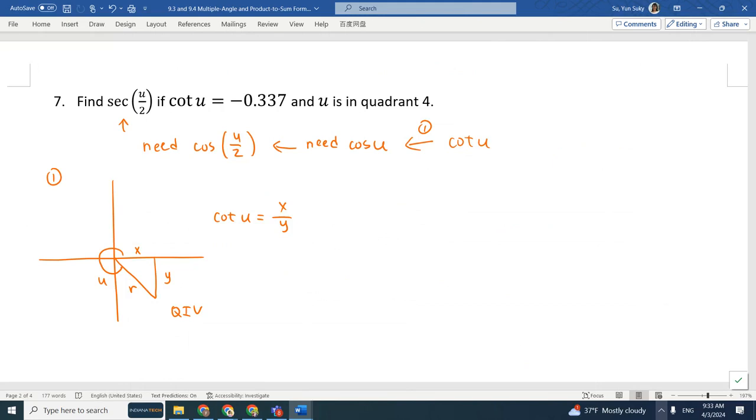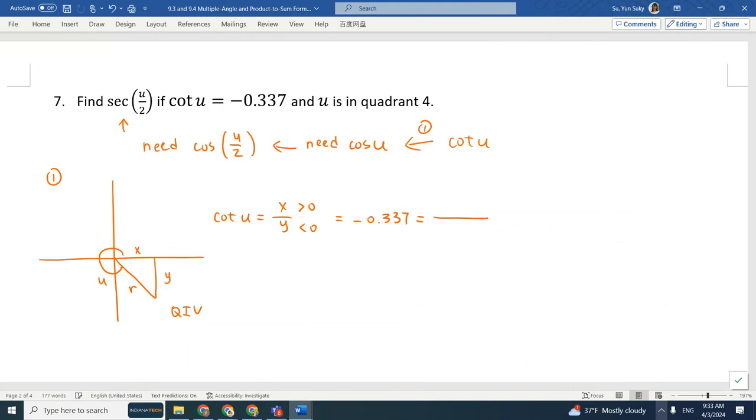Okay, x is positive or negative? Positive. y is positive or negative? Negative, because it's below the x-axis. And we know this is negative 0.337. How do you rewrite that?